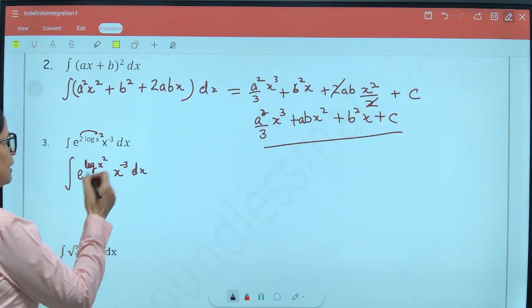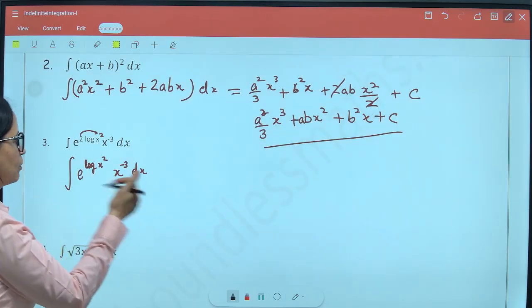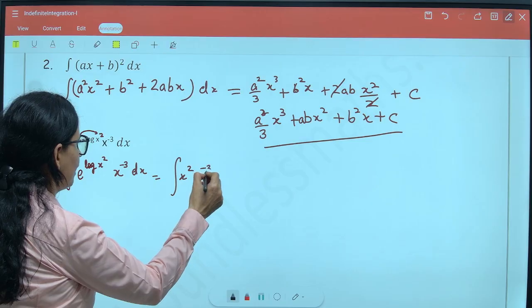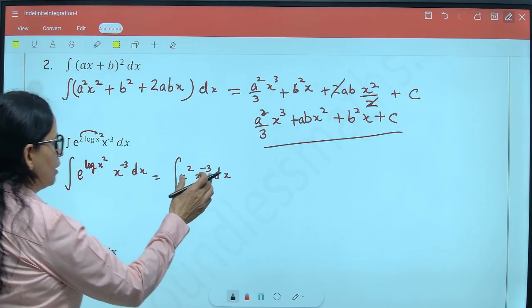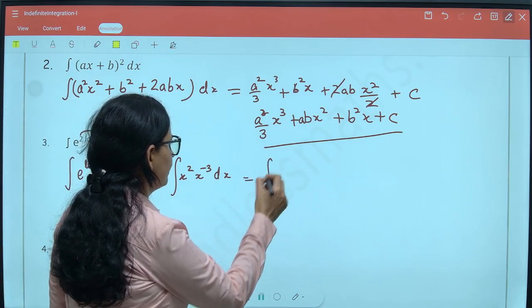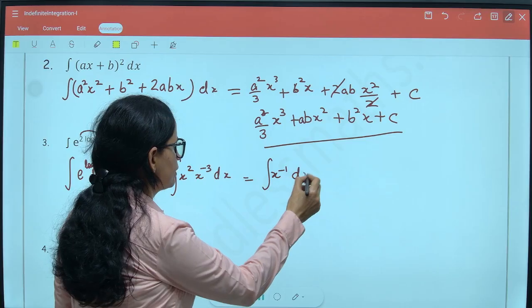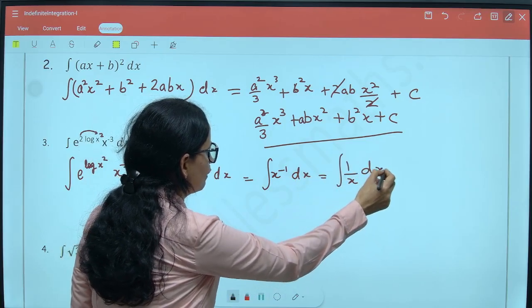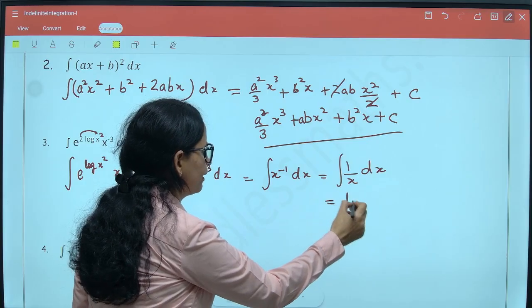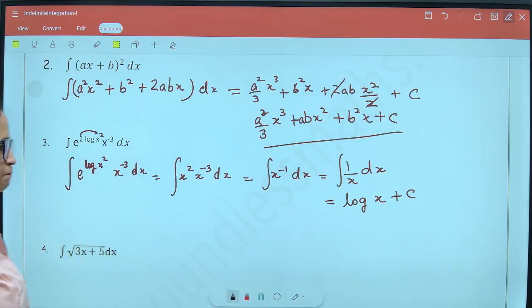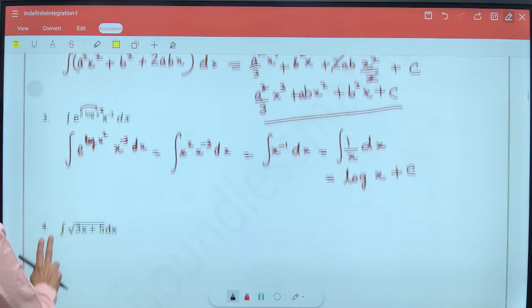Now this e and log get cancelled and you get only x square here. So it becomes x square times x to the power minus 3 dx. Using the laws of exponents, when you add the powers, it becomes x to the power minus 1 dx. So basically it is 1 by x dx. The integral of 1 by x is log x. So the answer is log x plus c. Easy?